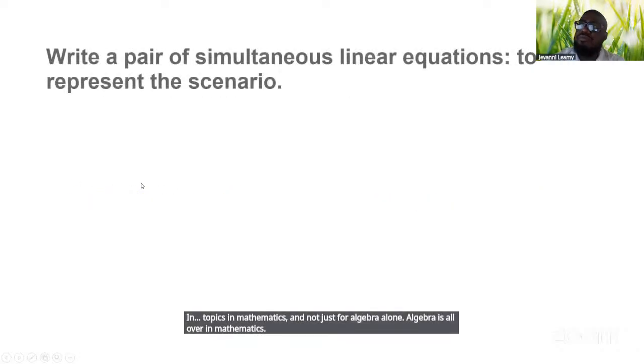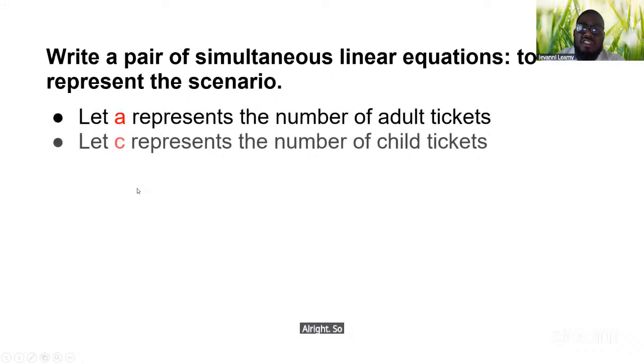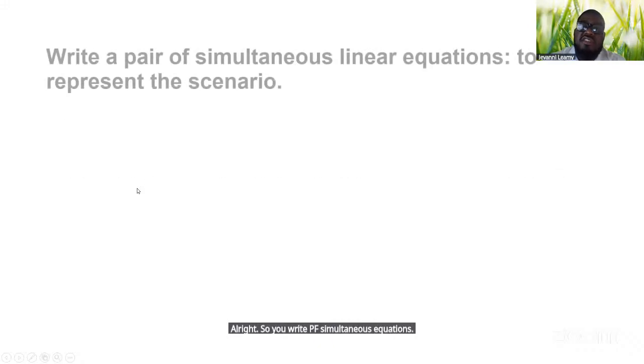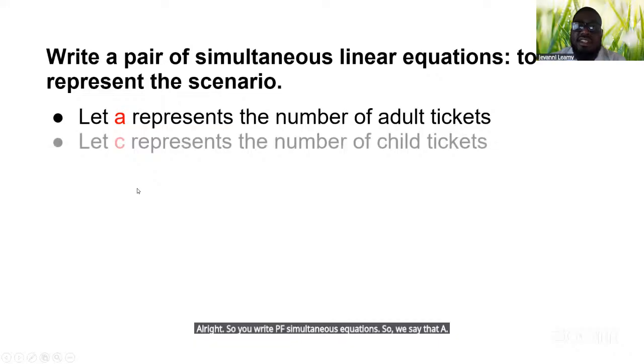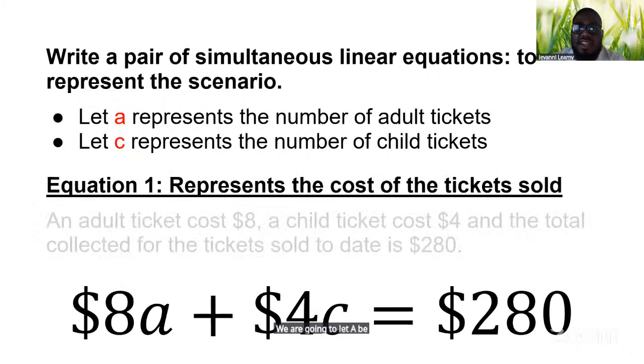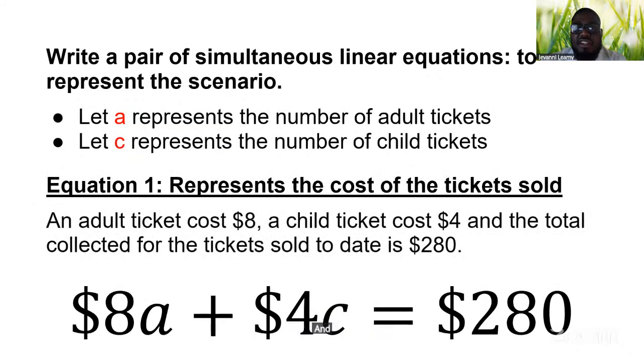So we write a pair of simultaneous equations. We are going to let A be adult tickets and C be child tickets. That is our variable that we're using, A and C. Now, the question will generally tell you what to use, but most persons generally like to use X and Y.